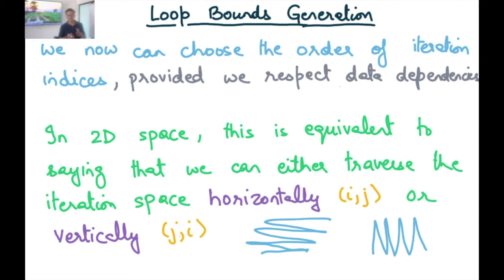All right, and assuming I'm respecting data dependencies, it is really our choice in what way we traverse the iteration space. Depending on our choice, we can use the Fourier Motzkin method and the algorithm we just discussed to identify the lower and upper bounds of each of the loop iteration indices.